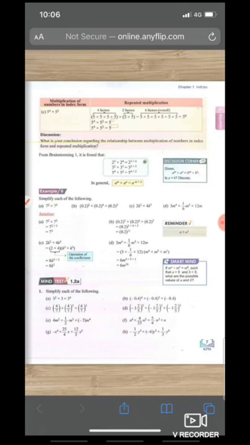So here is the formula. In general, a is the base, m is the index. The index is the power. a to the power of m times a to the power of n equals a to the power of m plus n.